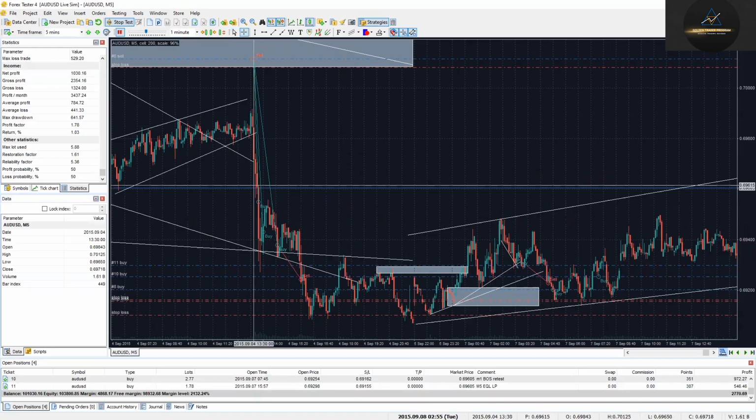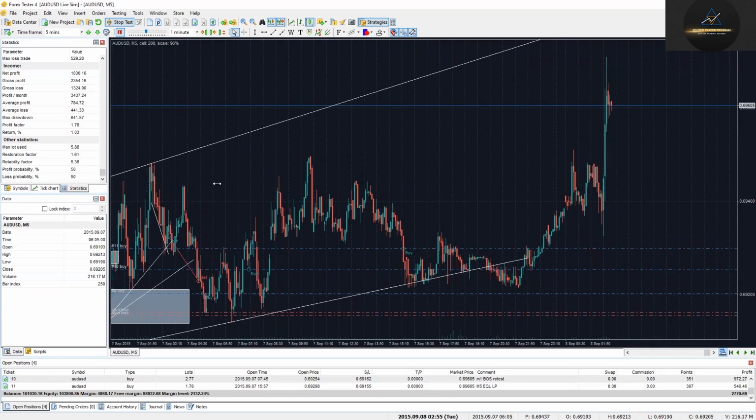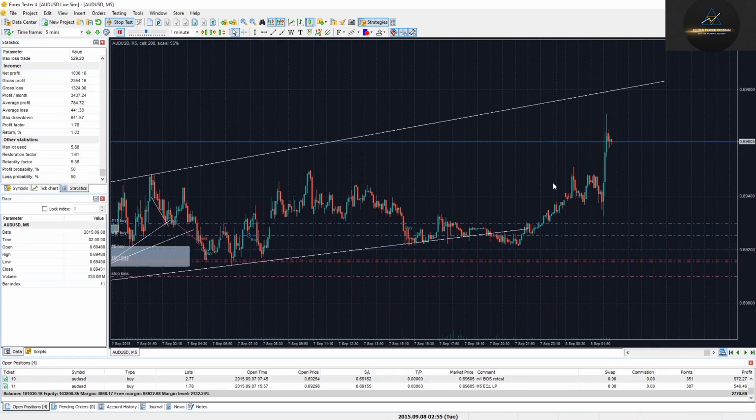And can you see we're above this lower high? So now we're in profit taking territory. So we want to be taking profits here. We have a very strong impulsive move. What time is it?